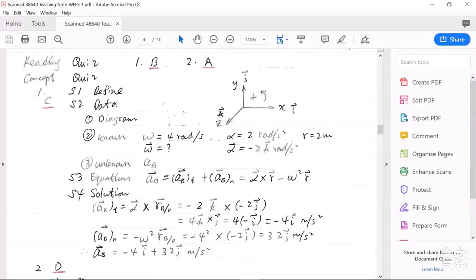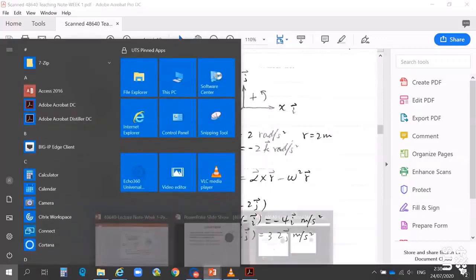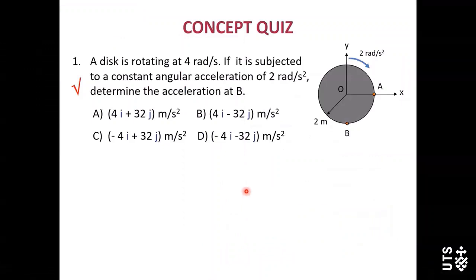So finally, we can get 32j meters per second squared. So in vector form, vector AB is equal to negative 4I plus 32j meters per second squared. Okay, C is the correct answer.